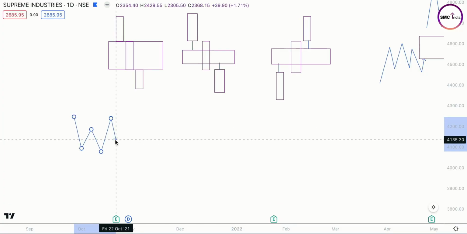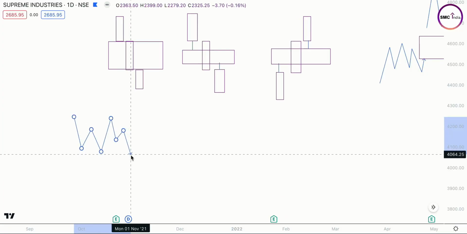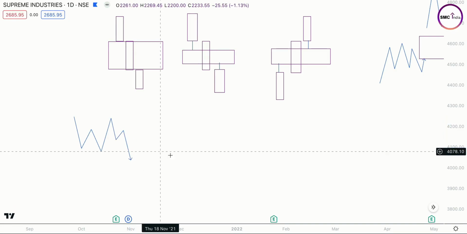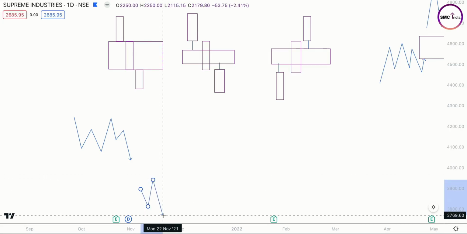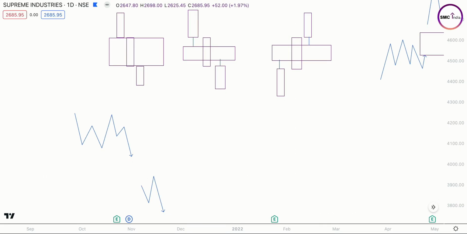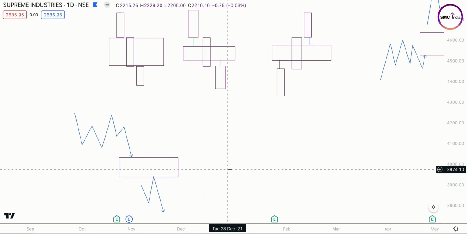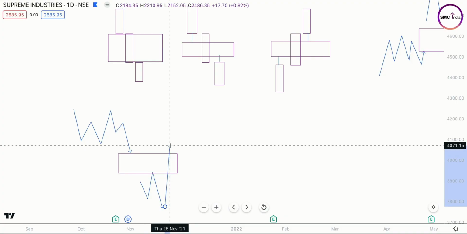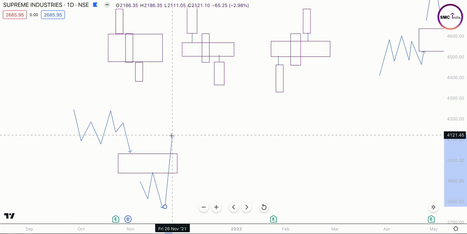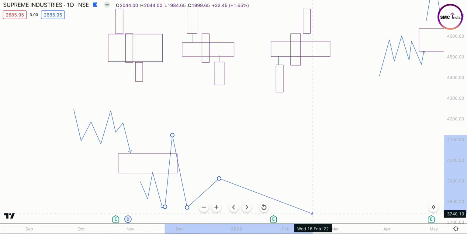Let's say that the price moves like this, and suddenly the market opened here and then shot down. So this is the gap in the market, and there is a high probability that the market fills this gap, comes to this supply zone here, and then shoots down.